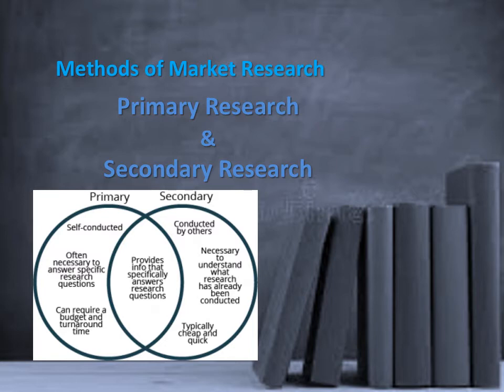Primary research is the field research, secondary research is the desk research. So in primary research, it is actually self conducted, whereas in the secondary research, it is already conducted a survey or compiled report and you use it for meeting your own objectives.